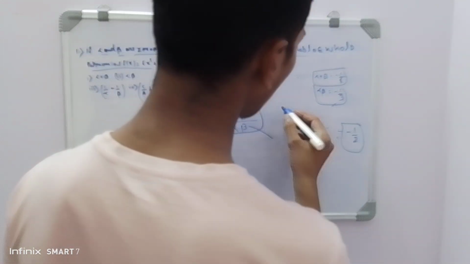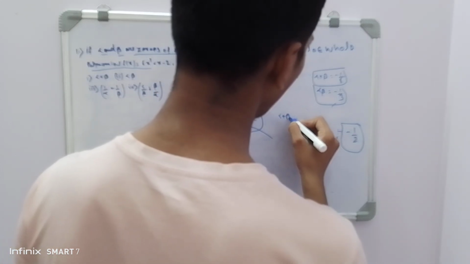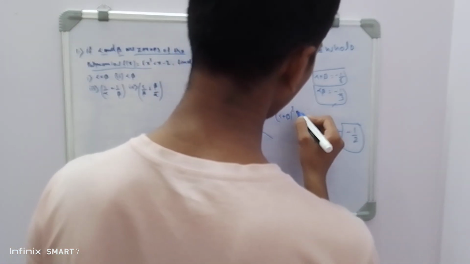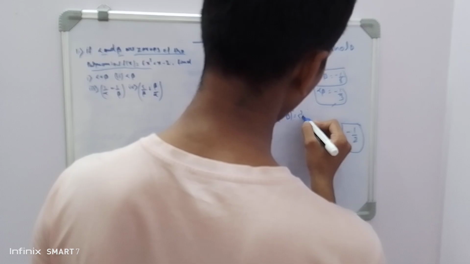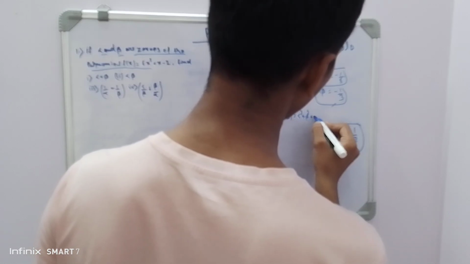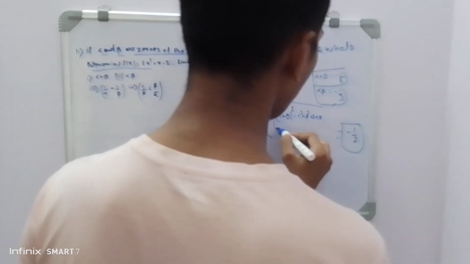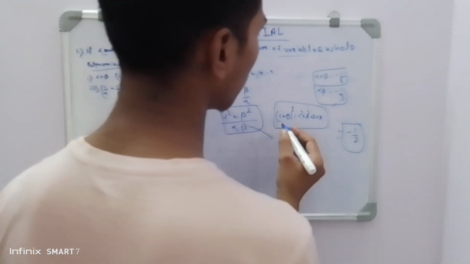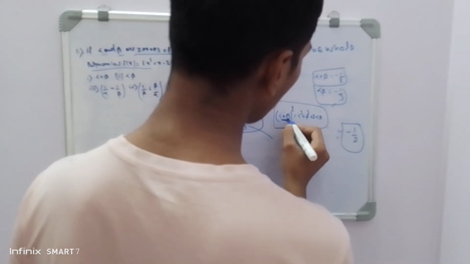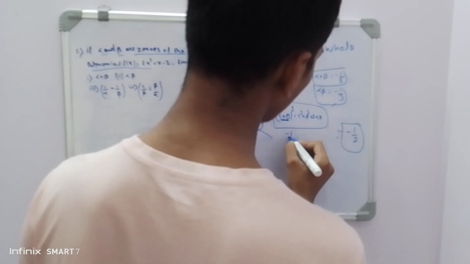So as you know, (alpha plus beta) whole square can be written as alpha square plus beta square plus 2 alpha beta. This is an identity which you have already studied, and you know the value of alpha plus beta, which is -1/6.